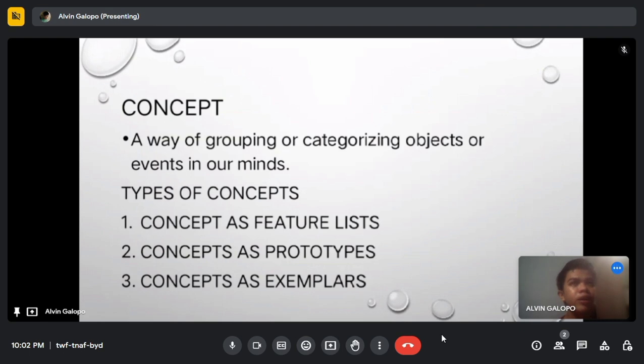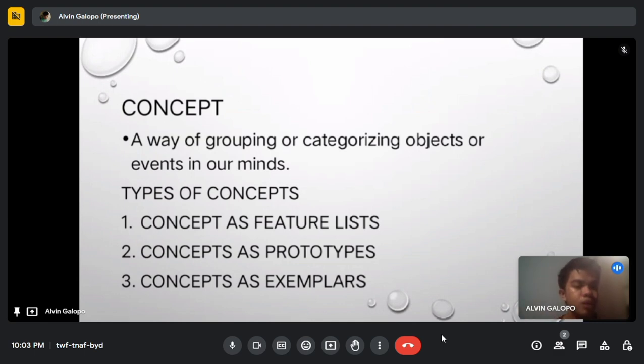Now, concepts as prototypes. Here, a prototype is the idea or a visual image of a typical example, formed based on the positive instances that learners encounter most often. And concepts as exemplars means that there is a variety of examples.